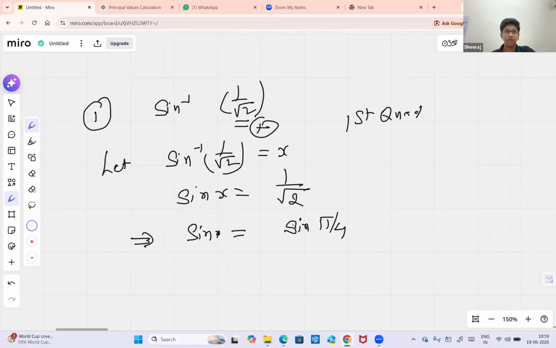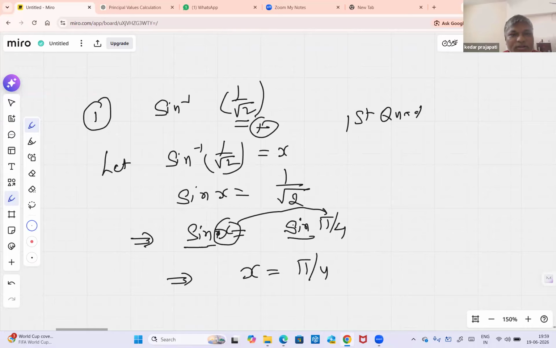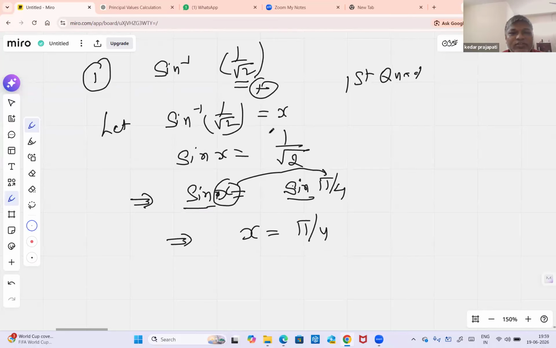Now this side entity and this side entity are both sine, so x will be equal to pi by 4. Therefore, sine inverse 1 by root 2 is equal to pi by 4, which is our answer.